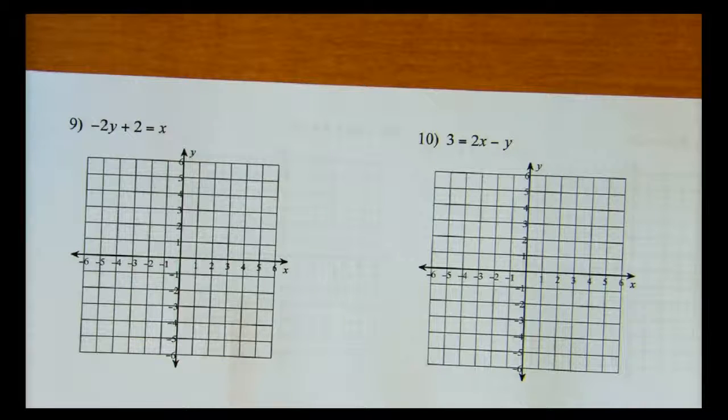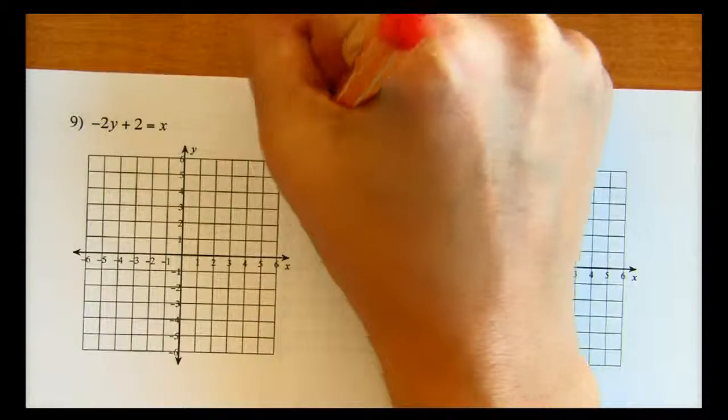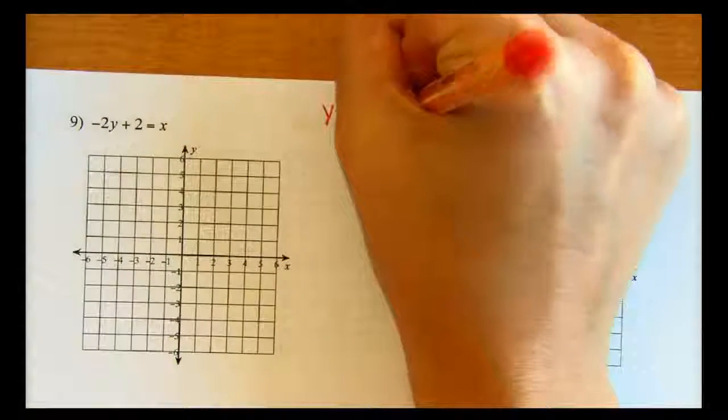On the next couple pages, you've got a bunch of graphs to practice with, to practice graphing your equations. Some of them are in slope-intercept form already, some of them aren't. So before you graph, you always want to double check, is your equation in y equals mx plus b form?